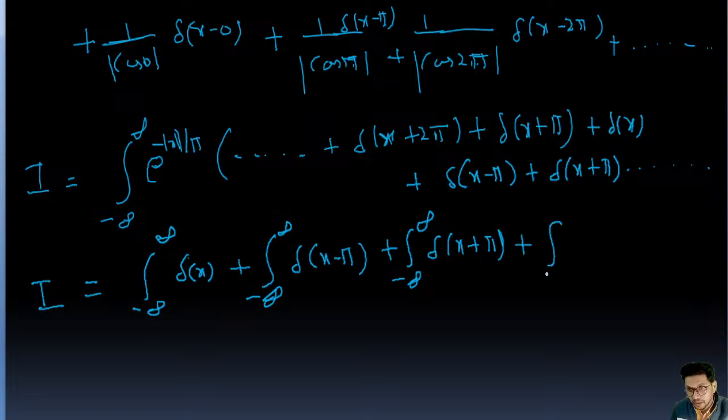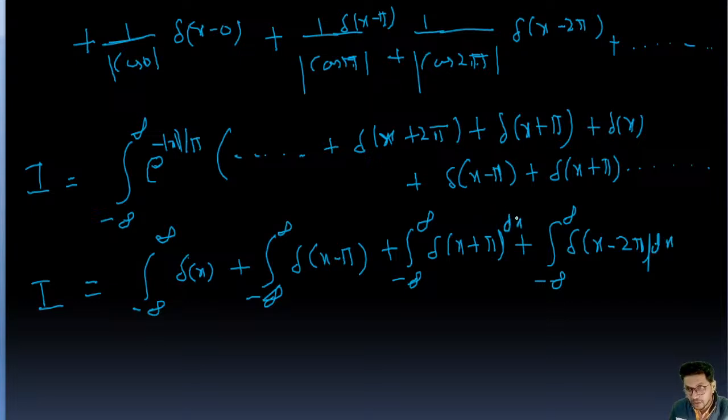And this is going to be the integral from minus infinity to plus infinity of delta x, x plus pi, x minus 2 pi into delta x, x plus 2 pi, dx.